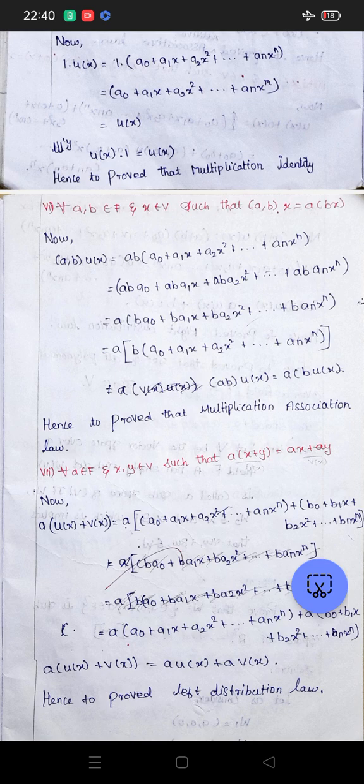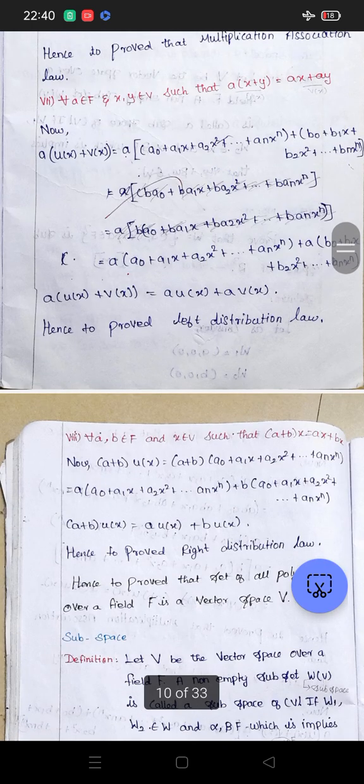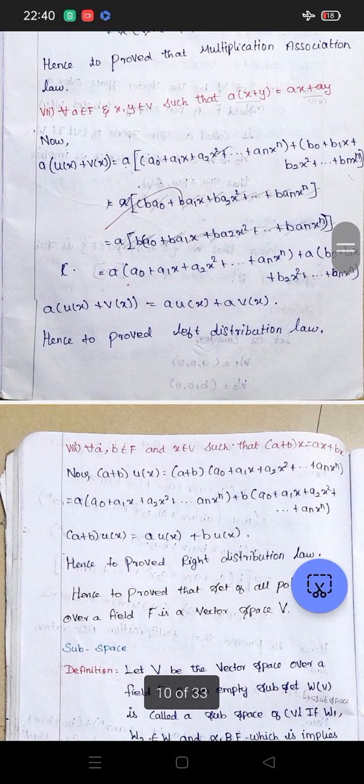The last law is for all a belongs to F and x, y belongs to V, such that a(x plus y) is equal to ax plus ay. So here, a(u(x) plus v(x)). So a into u(x) value is equal to a0 a1 etc., an x power n, and v(x), the polynomial, is b0 plus b1x plus etc., bn x power n.